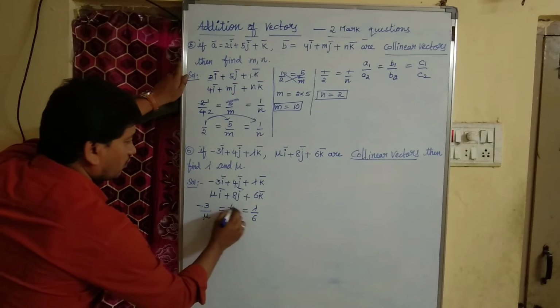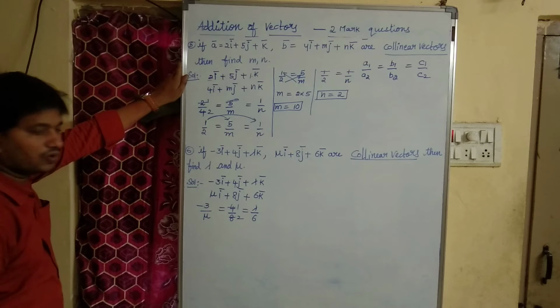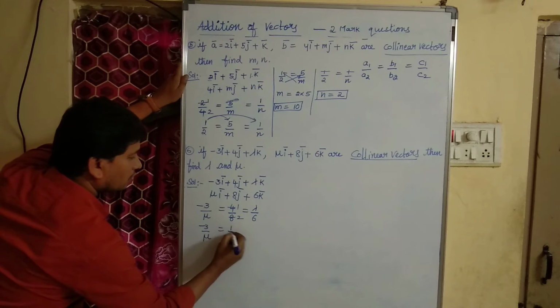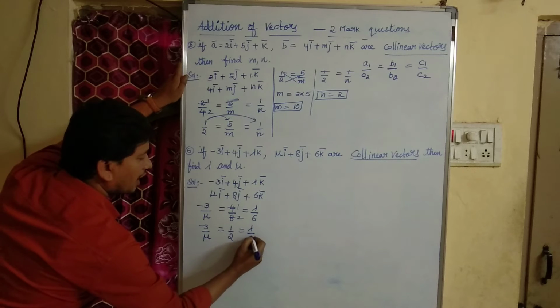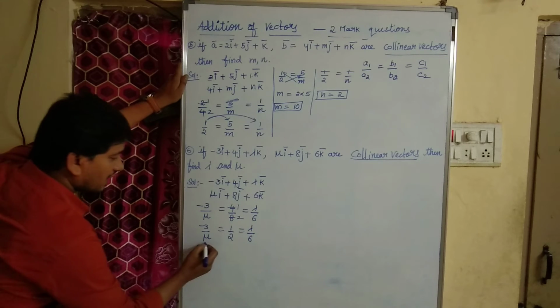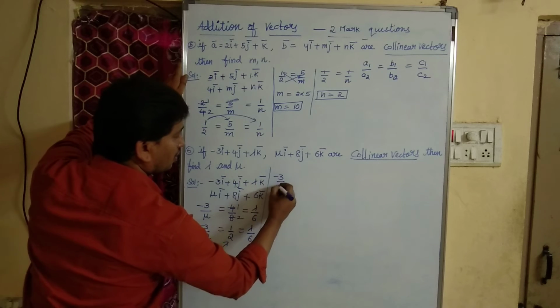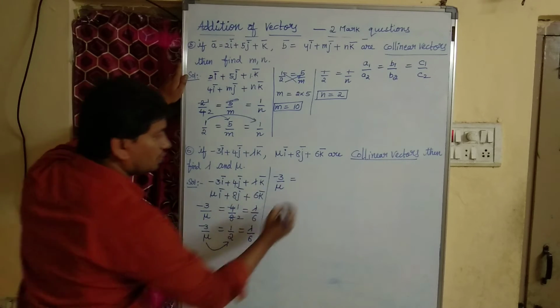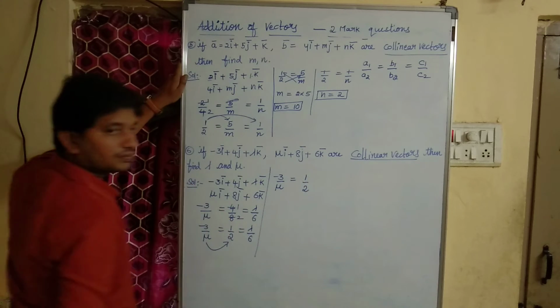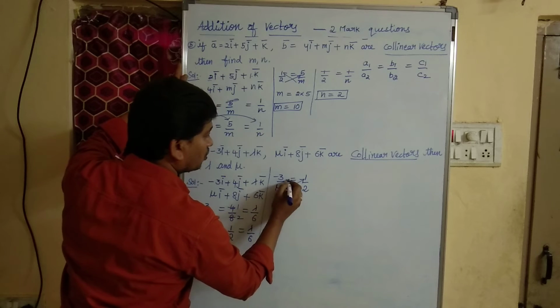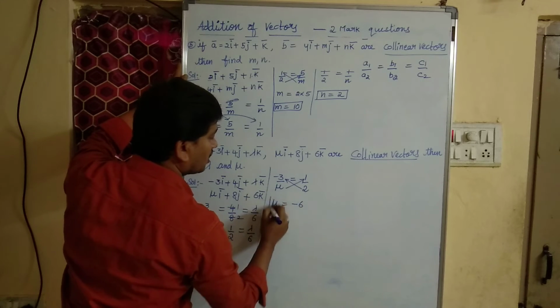Again cancellation, 4 ones are 4, 4 twos are 8. So minus 3 by mu equal to 1 by 2 equal to lambda by 6. So let us equate these two. Minus 3 by mu equal to 1 by 2. So mu into 1, that is mu equal to 2 into minus 3, 2 threes are 6.